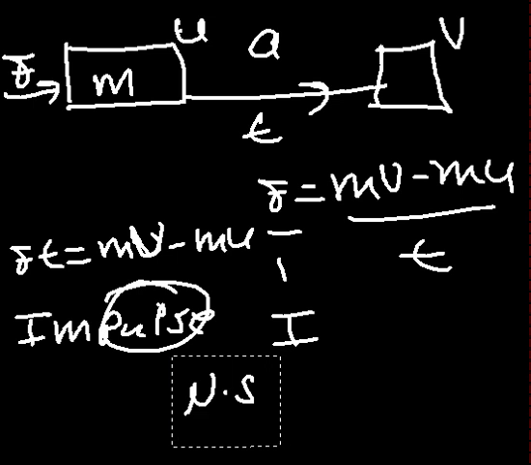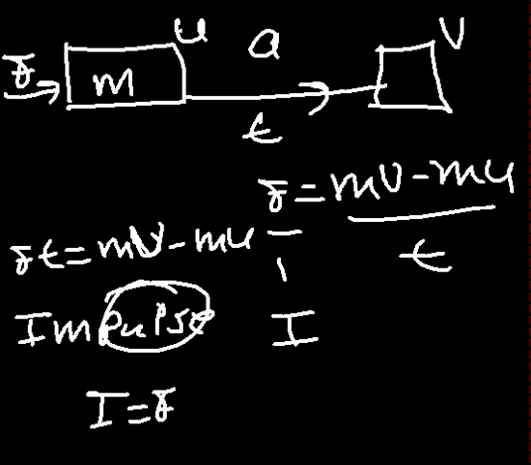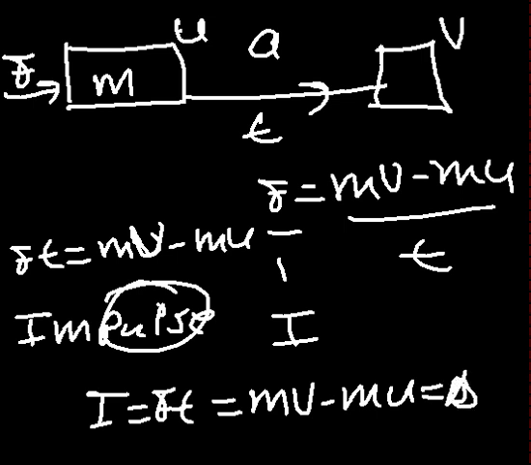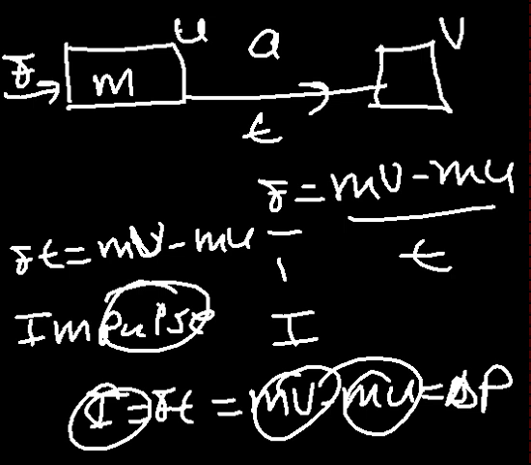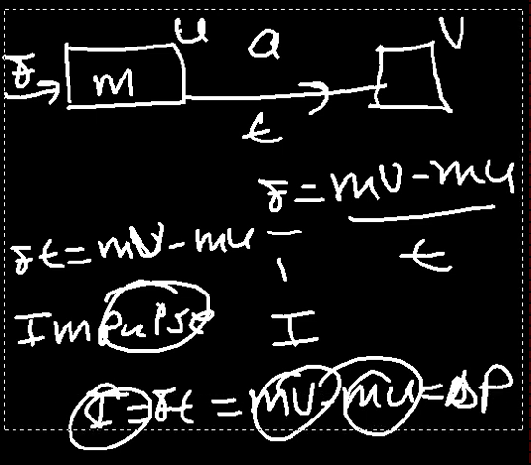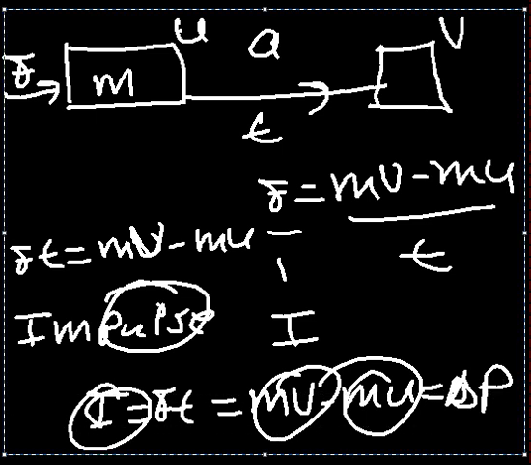So impulse is given as Ft, which is also the same as mv minus mu, the change in momentum. So impulse is the same as the change in momentum. That's how Newton's second law of motion and momentum are related. So take note of that.